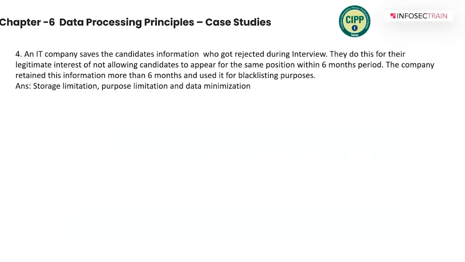The third is you didn't follow the data minimization principle because you are using it for blacklisting purposes, which is not actually accepted as an ethical practice as per GDPR. You can never do blacklisting for reasons like candidates failing in an interview, right? So the three principles which are getting affected are storage limitation, purpose limitation, and data minimization.